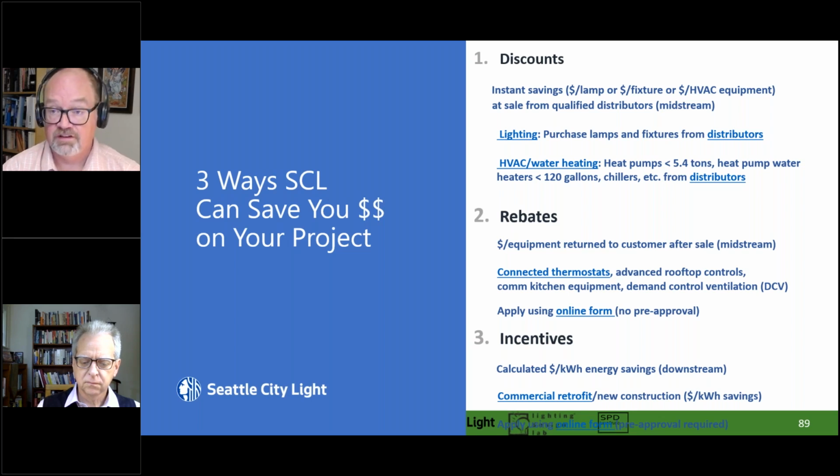City Light has some of the best programs in the United States, and long has a very good history of this with respect to things like discounts, rebates, incentives. They have the ability to help on projects as you're moving forward, particularly on retrofit projects. So Duane, next slide.